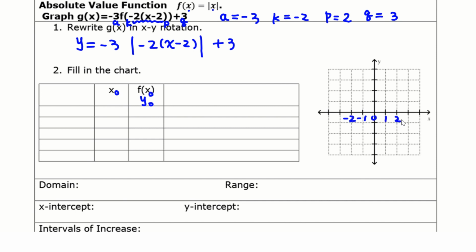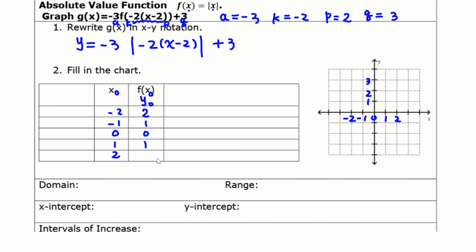So x will be negative 2, negative 1, 0, positive 1, positive 2. And the absolute value of negative 2 is just the distance from negative 2 to the origin, so it's positive 2. Absolute value is just that point's distance from the origin. So negative 1 to 0 distance is 1.